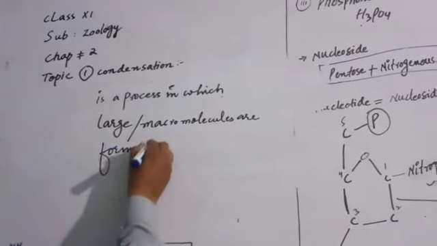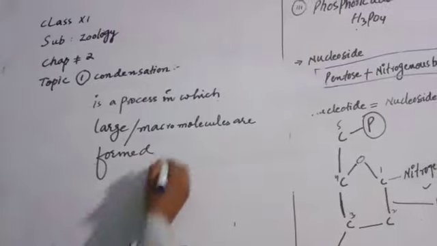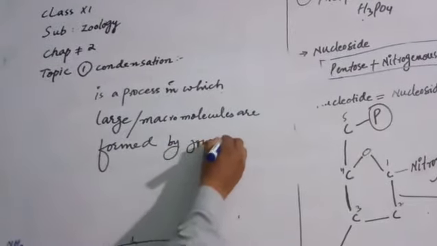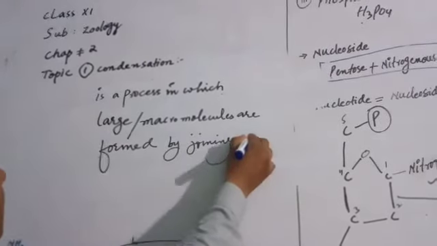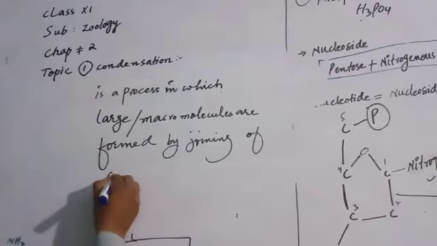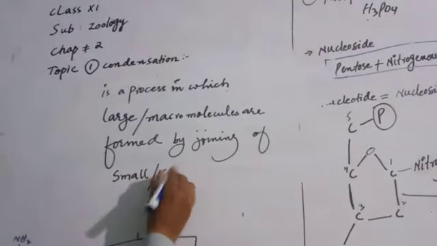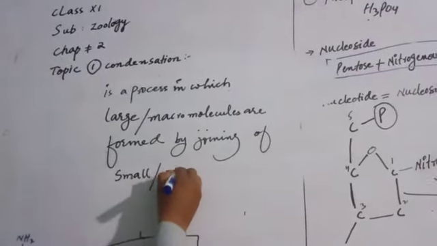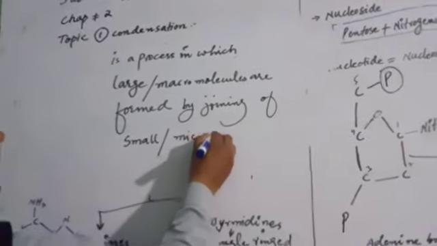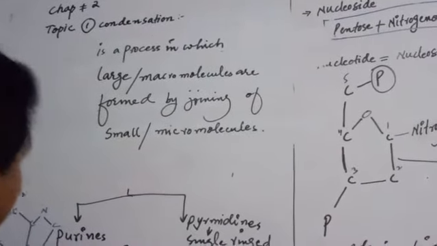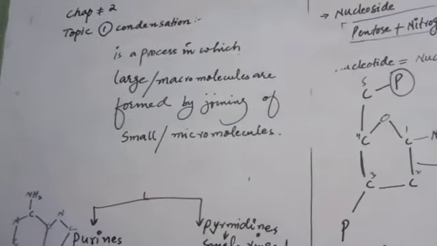How are they formed? By joining of small molecules. Small ones are micromolecules. When micromolecules join together, they form large molecules. That process is called condensation.